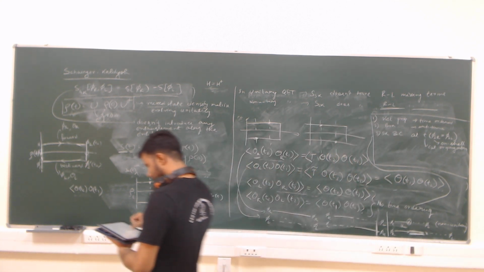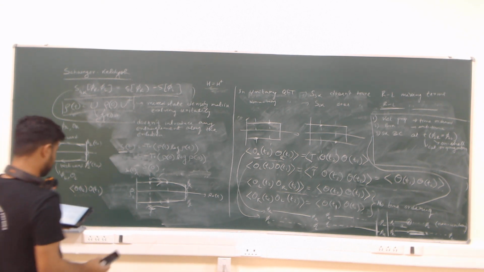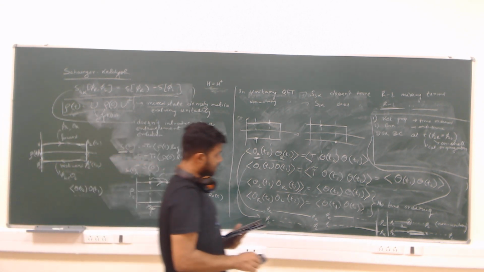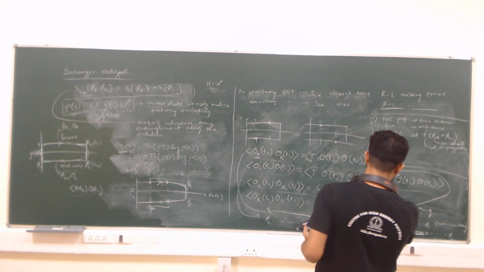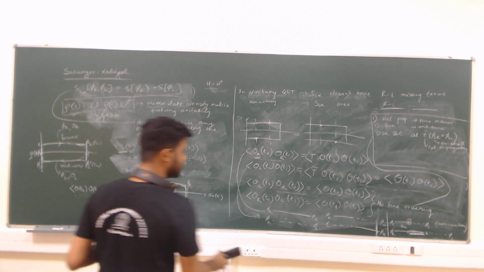I will write down how it comes, I will discuss that now. These are called Feynman rules of unitarity, which we will discuss in the next lecture.